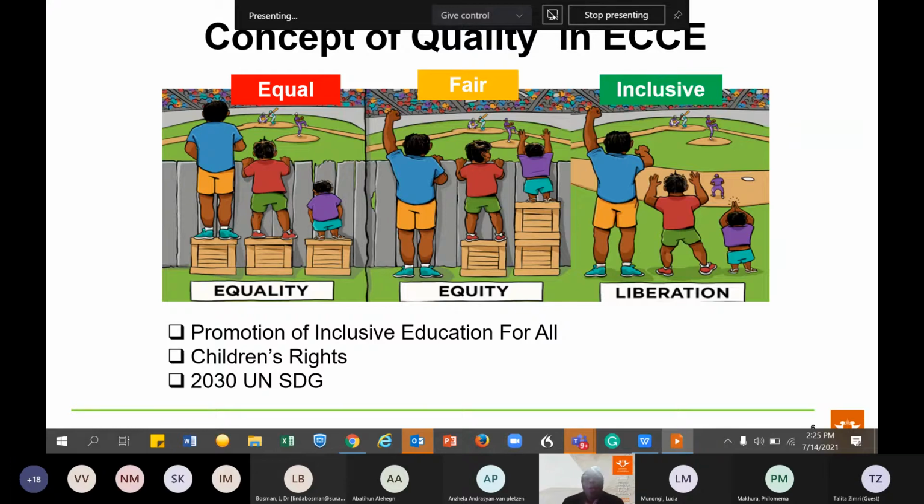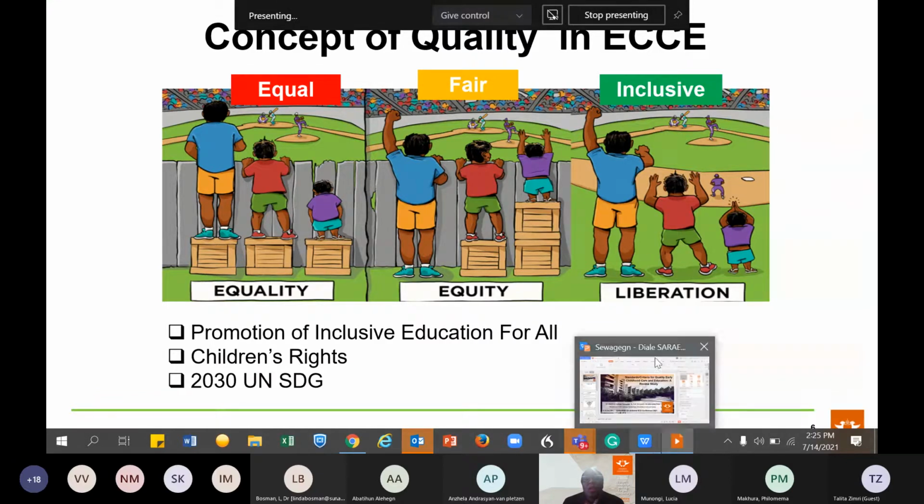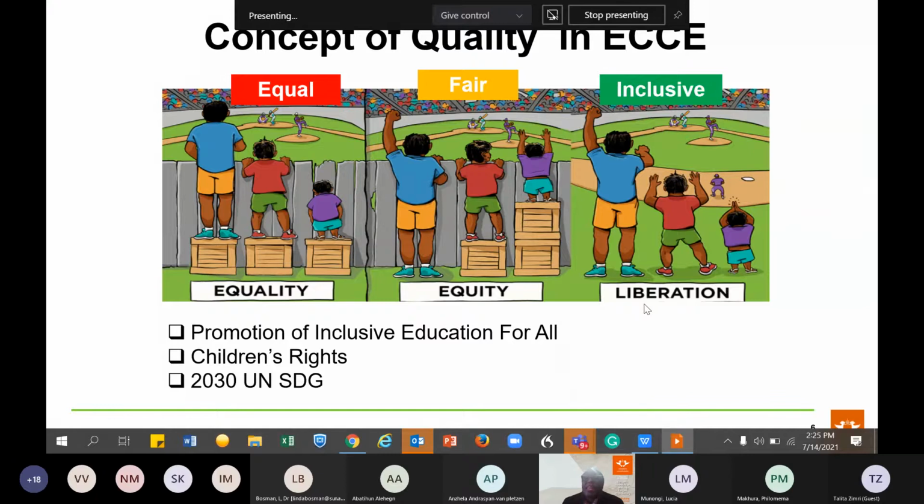And our argument is based on the third picture, which talks about liberation and says that if we are to really see quality care for our children, we need to talk of inclusivity. And inclusivity talks about that picture where all three of them can have an inclusive and liberated way of watching what is happening.